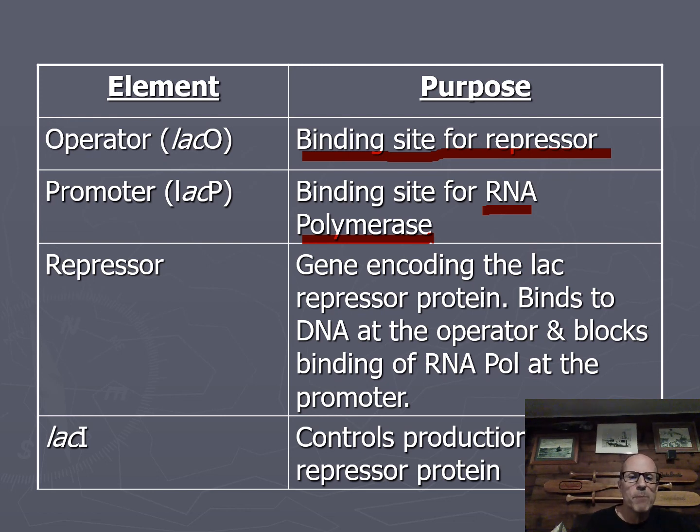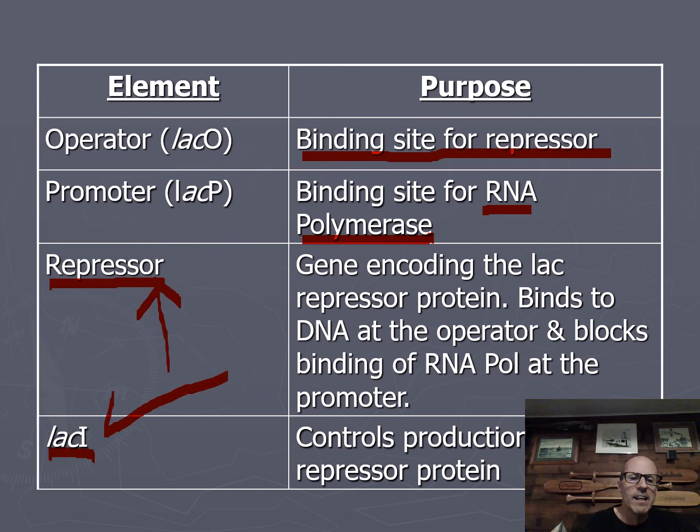The repressor, remember, is the protein that normally shuts off a group of genes that codes for a certain product. In this case, the repressor protein shuts off the production of enzymes that control the breakdown of lactose. And finally, lacI is a gene in this case that controls the production of the repressor protein in itself.